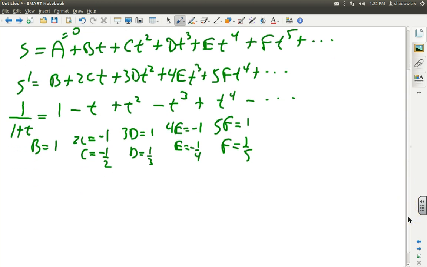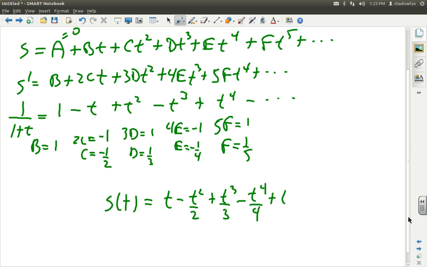So S of t is, well, A is 0, and then B is 1, so 1t, and C is negative 1/2, so minus t squared over 2, and plus t cubed over 3, yep, and minus t to the 4th over 4, and plus t to the 5th over 5, and so forth.